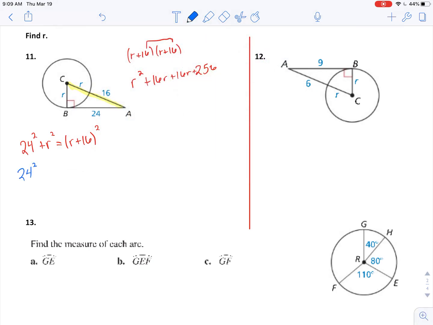Let me do this in blue now. So we've got 24 squared plus R squared equals R squared plus 32R plus 256. Again, I just combine these like terms here.